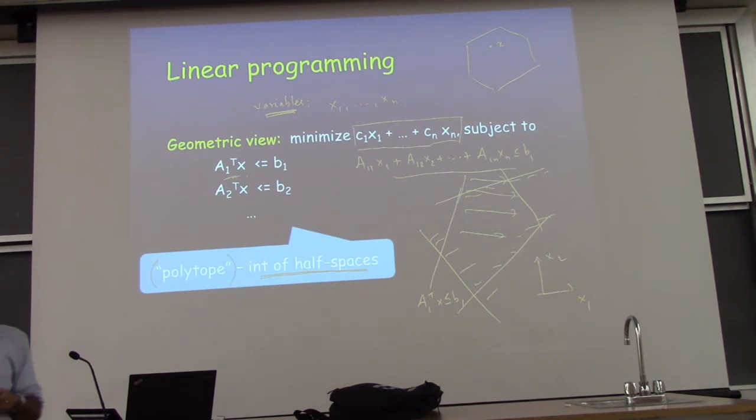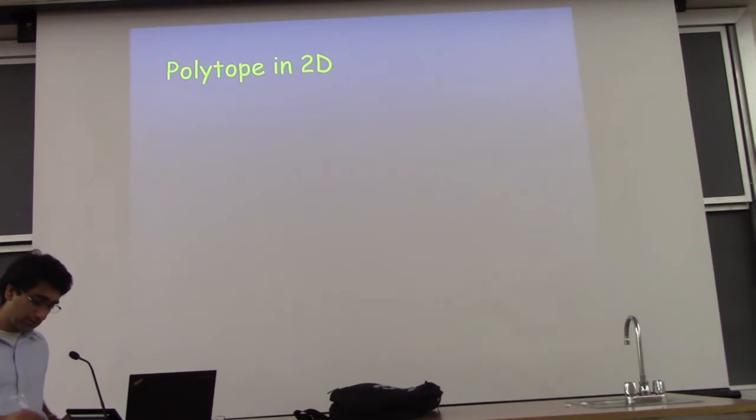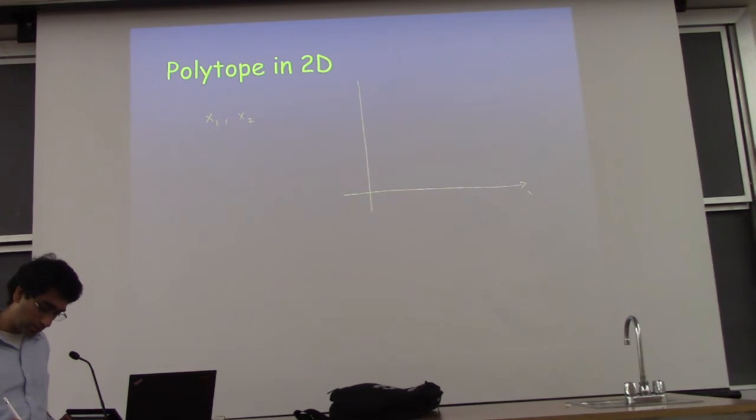Okay, so let's see in 2 and 3 dimensions what this kind of an object looks like. In 2 dimensions, let's say you just have variables x1 and x2, and you have the plane. Suppose you have very simple constraints.